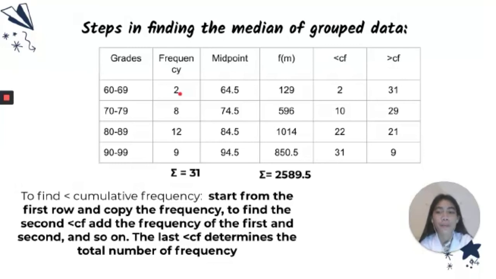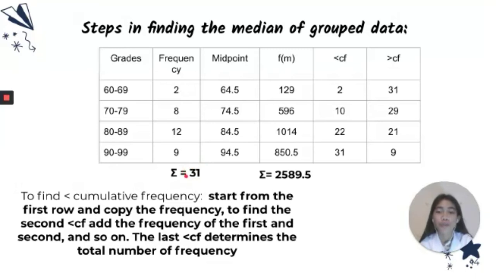Yung frequency ng 60 to 69 ay 2, so gagayahin natin dito na 2. 2 plus 8 is equal to 10. 10 plus 12, 22. 22 plus 9 equals 31. Makikita natin yung sa pinaka-ibabang part ng less than cumulative frequency is yung summation ng frequency.